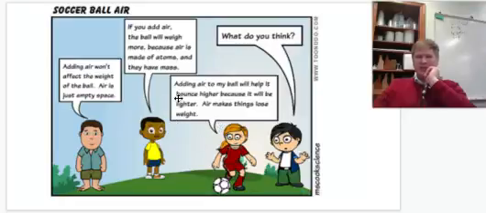Another young girl says, adding air to my ball will help it bounce higher because it will be lighter. Air makes things lose weight. And finally, what do you think? Are any of these folks right? Maybe they're all right. And maybe at some point I will ask you to tell me who you think is right and who is wrong. Next slide.